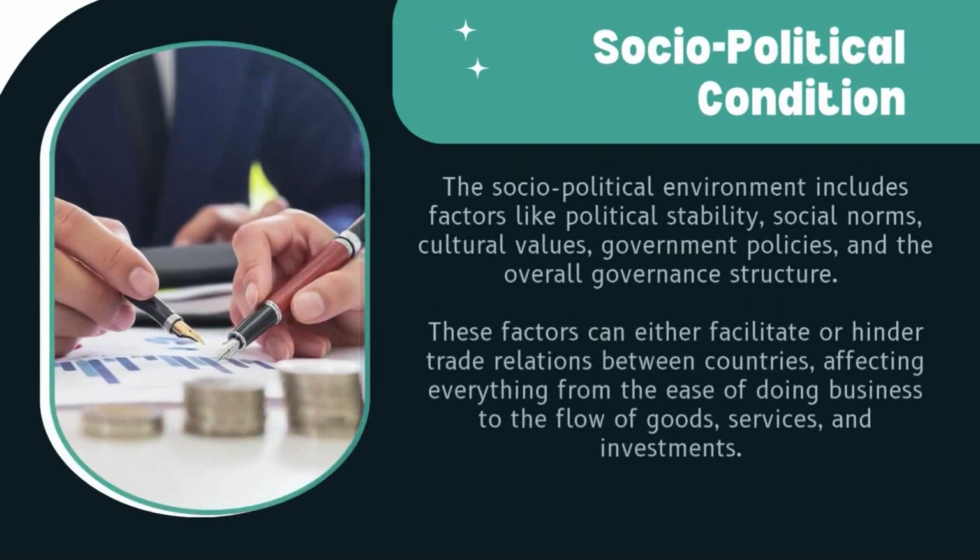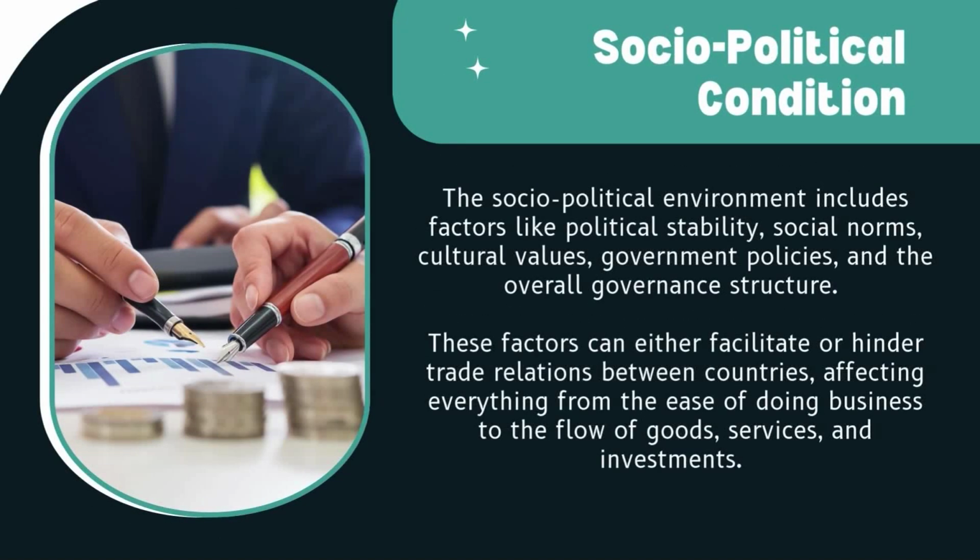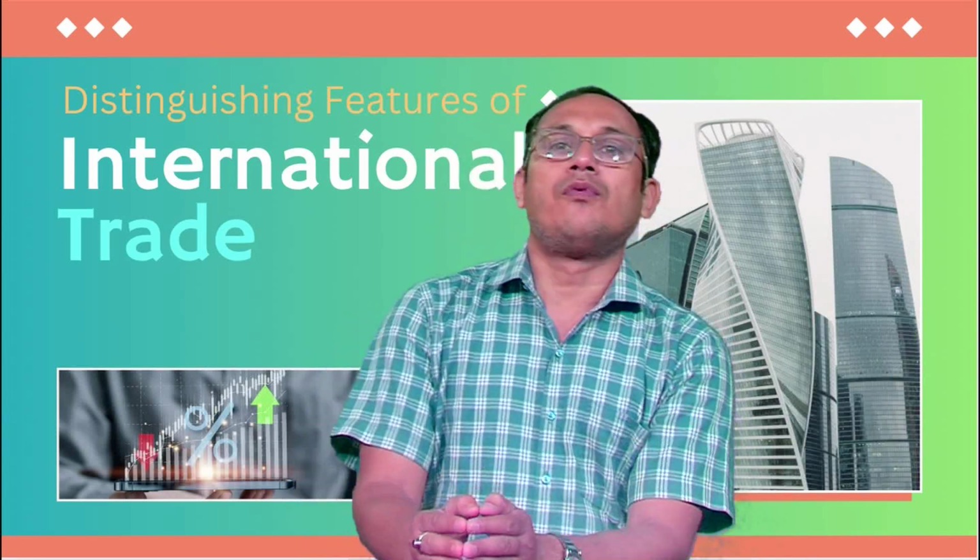The last important feature which we will discuss in this lecture is socio-political condition. Although this is not an economic issue, it also has an impact on international trade, and that is why it is considered to be an important feature of international trade. International trade is not solely governed by economic principles. It is also profoundly influenced by the socio-political conditions of the countries.